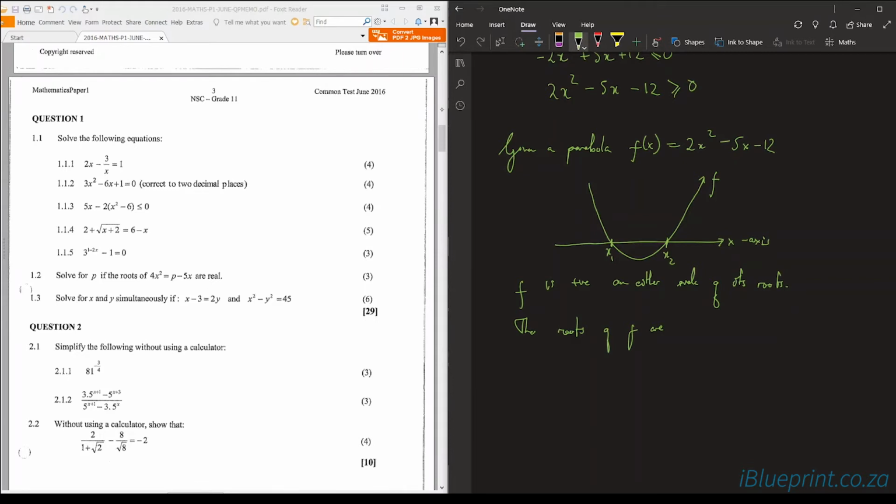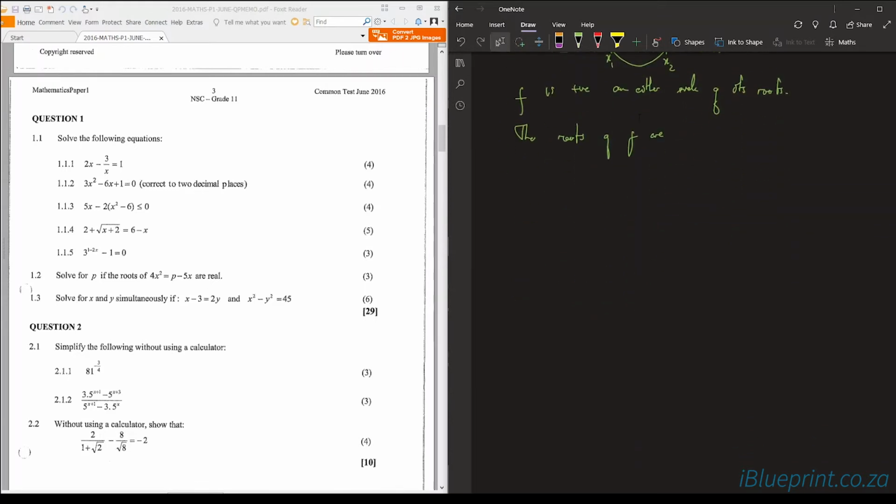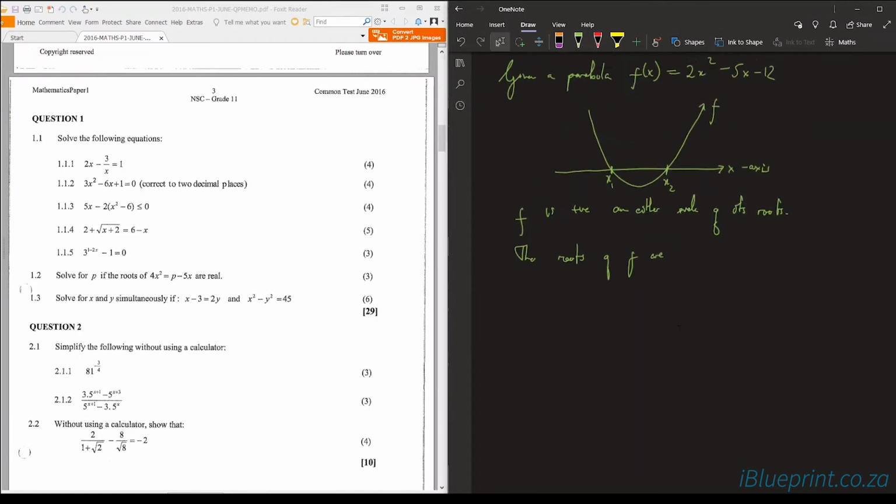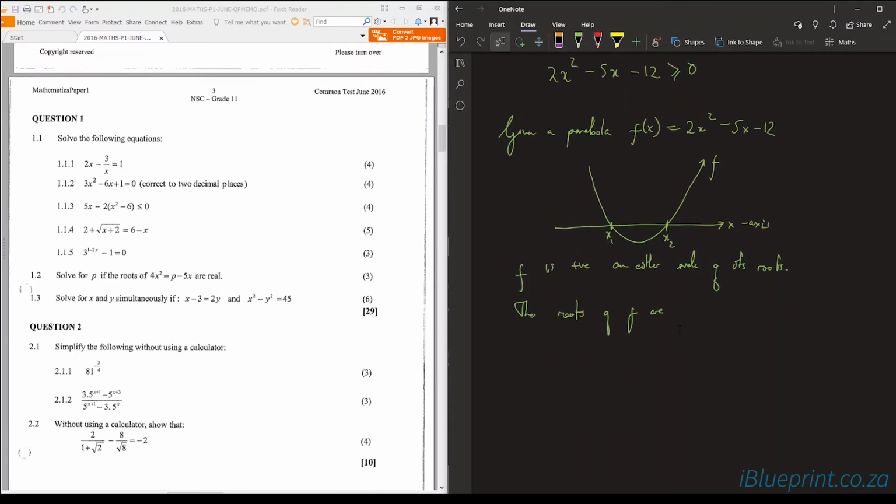So how do we get the roots of a parabola? How do we get the roots of a quadratic equation? We factorize. So first thing we need is the quadratic equation itself. So we're going to say 2x squared minus 5x minus 12 is greater than or equal to 0. Oh, sorry.